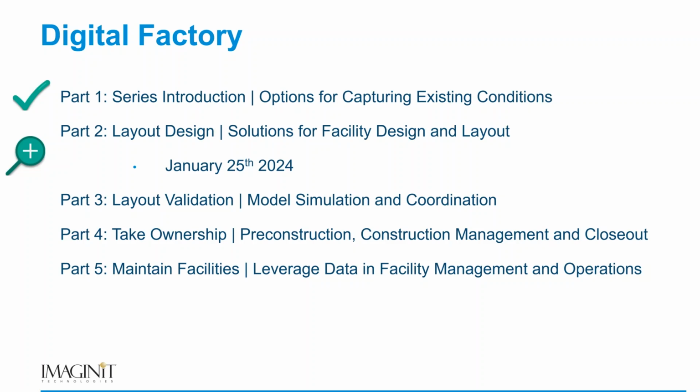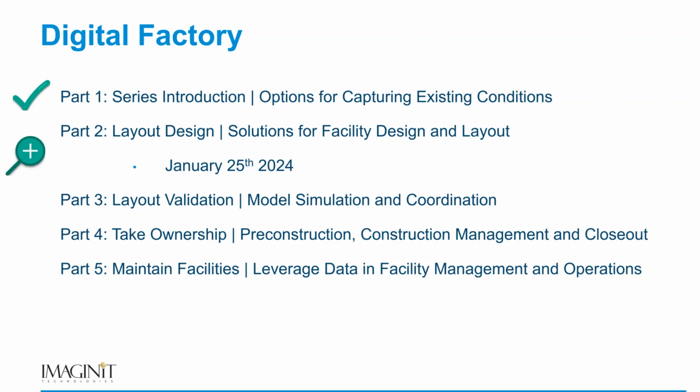But the next session we have scheduled for January 25th, and in that session, we're going to be focused on taking, once we have it scanned, what do we do with it? And how do we lay out optional facility designs or factory designs and layouts? And then we're going to continue to build upon that model.